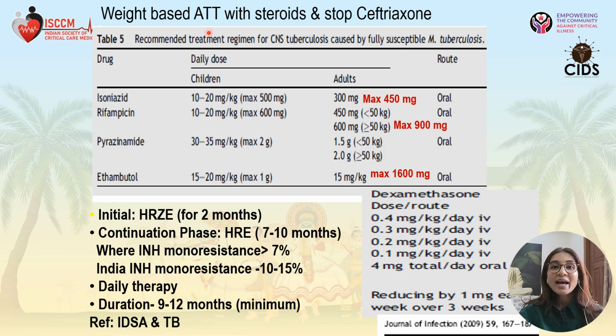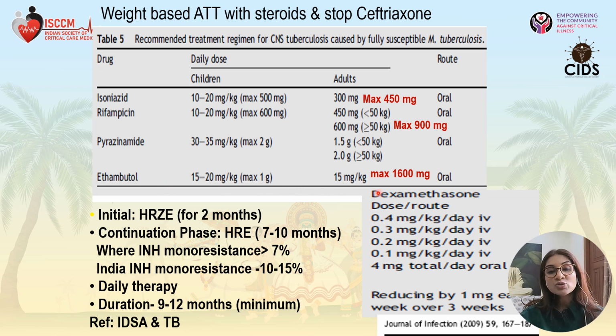The doses for the anti-TB drugs have to be weight-based, so the weight of the patient should be assessed. Isoniazid is usually recommended for adults at 5 milligrams per kg, usually 300 milligrams, rifampicin at 10 milligrams per kg, 600 milligrams. Pyrazinamide is usually around 25 to 35, so a maximum dose of up to 2 grams per day can also be used.